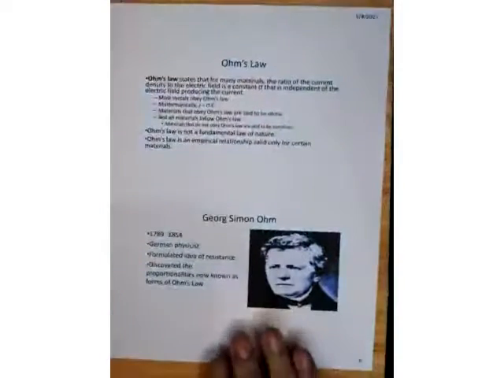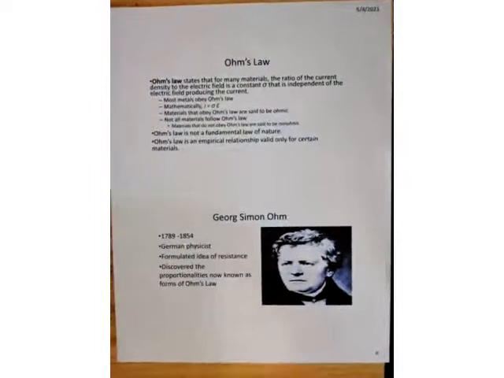Okay? So bakit nauna natin yung conductivity? Kasi by definition ni Ohm sa kanyang law, yung Ohm's law, sinabi niya daw, for many materials, the ratio of the current density to the field is a constant sigma that is independent of the field producing current.